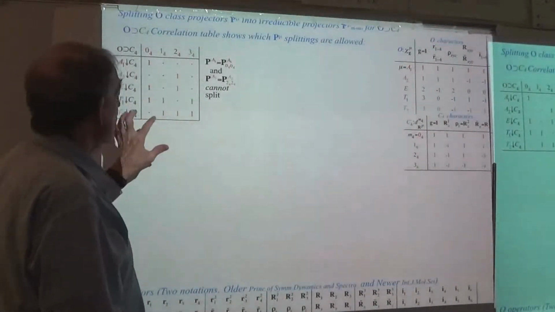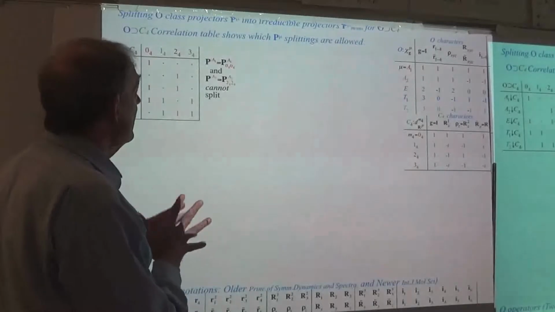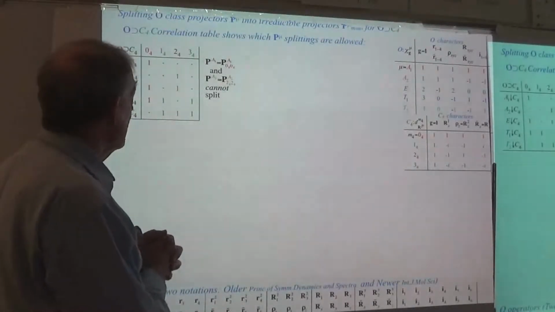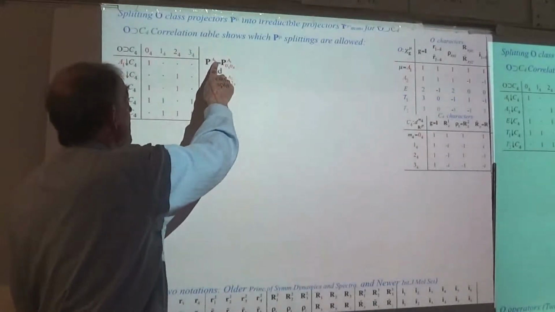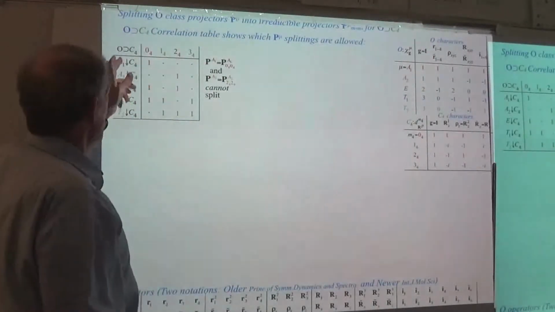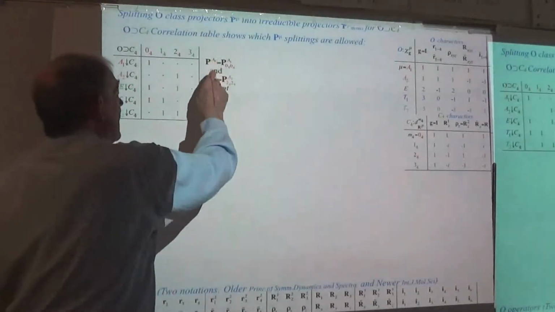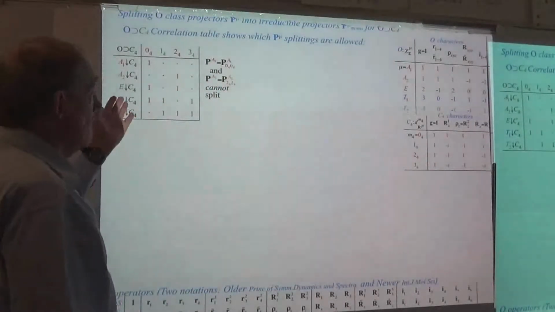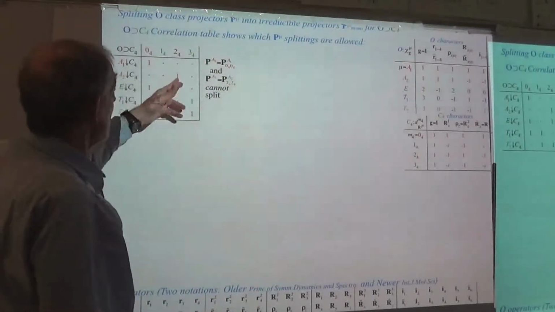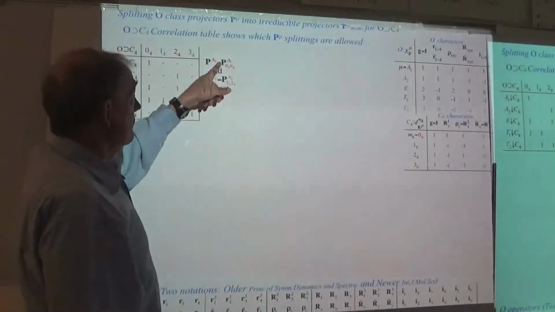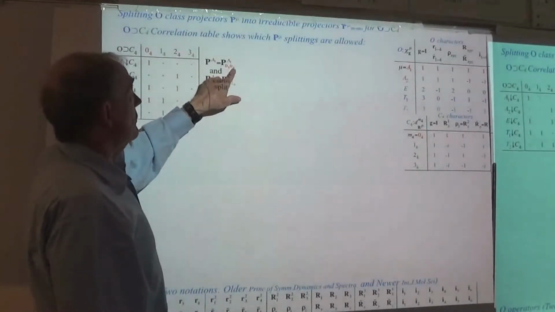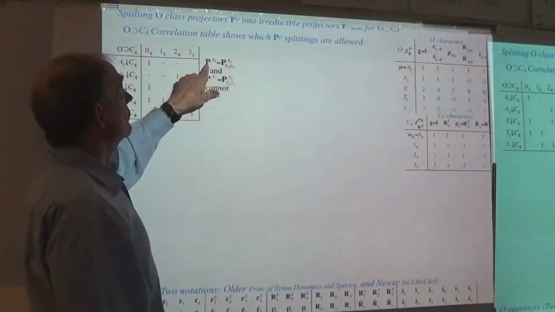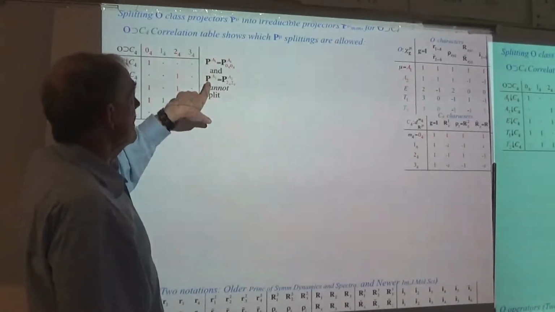So, using that correlation table, I can set up the algebra for the splitting. That is, I'm going to be taking each of the idempotents associated with A1 and A2, there they are, and of course that's a one-dimensional one. I can see they cannot split, so I'll just be writing an irreducible idempotent notation in place of this one, because this one is irreducible right now.